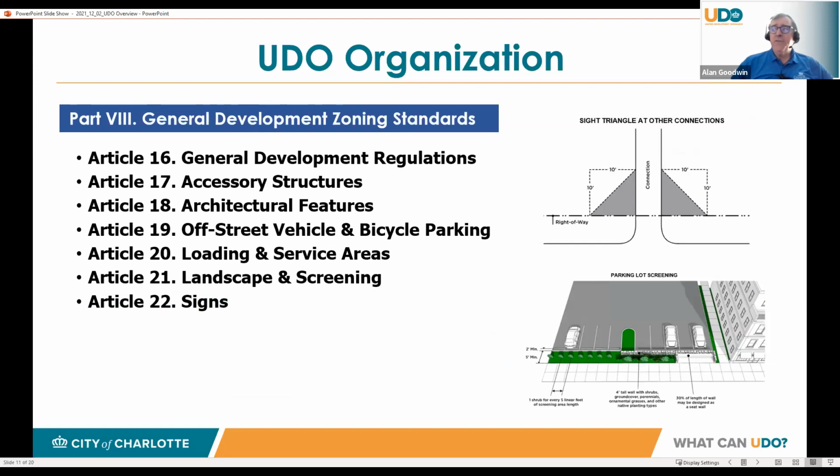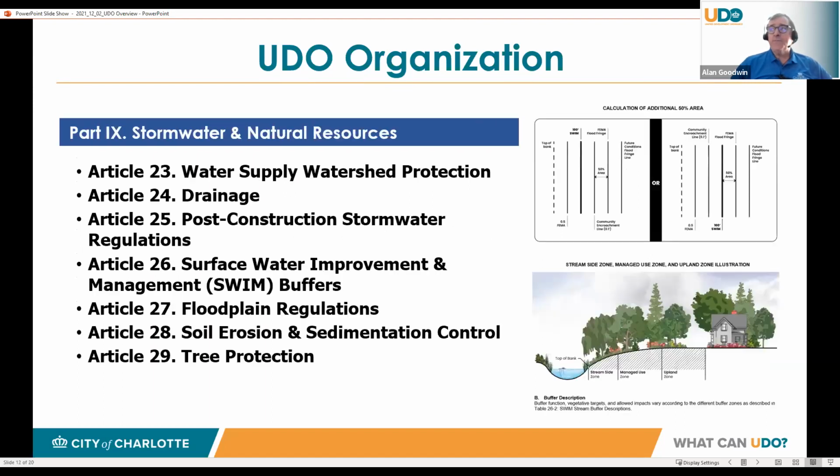A lot of these things are currently covered in Chapter 12 of our current zoning ordinance, and we've also included other things as well. This is where you will find parking requirements, for example, landscaping and screening, and the sign ordinance, all in Part 8 of the general development standards.